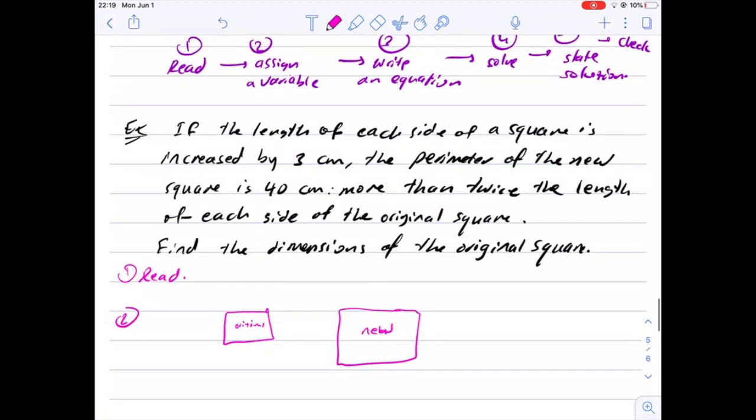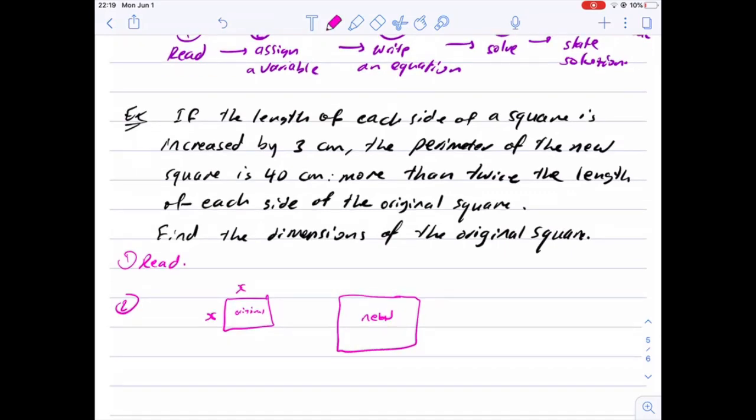For the original, let's denote the length of each side of the original square by x. Now the new square is increased by 3. So if this is x, the corresponding one will be x plus 3.